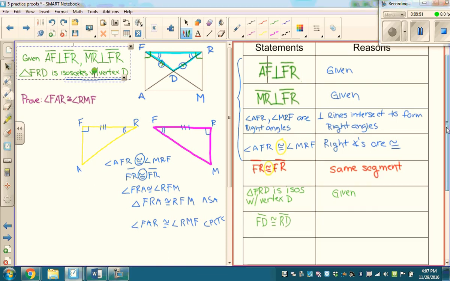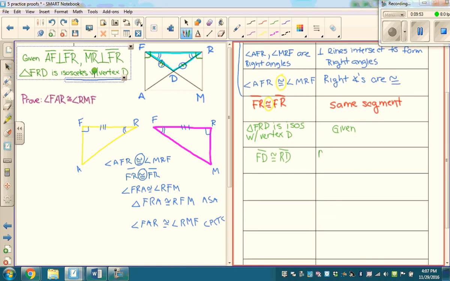And the reason is an isosceles triangle has at least two congruent sides.